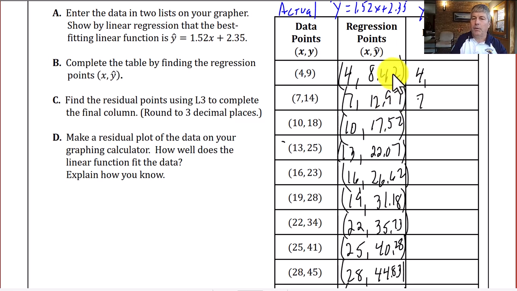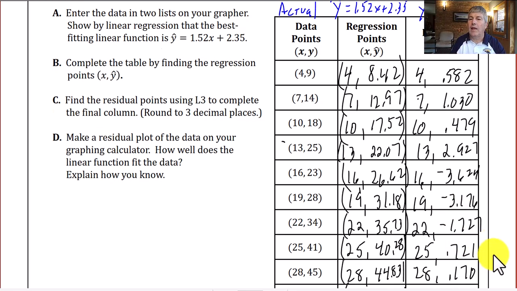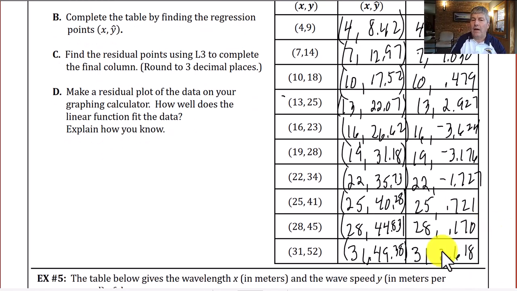They're not really errors, but they're residual distance in our y's, and we'll have to see what kind of pattern that provides for us. So by subtracting y hat from the actual y of the data point, we come up with our residual points and those residual values.